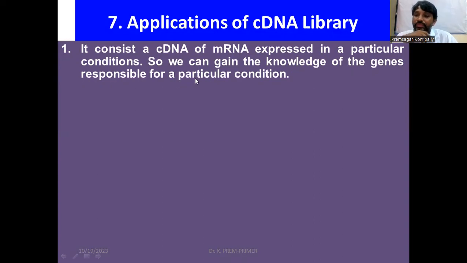As I told you, a cell or organism expresses certain genes for certain conditions only. So when you isolate mRNA, convert it to cDNA, clone it and sequence it, you will know which genes are particular to that condition, which genes are expressed, and which genes are responsible for a particular condition or phenotype of the organism, right? This can be done.